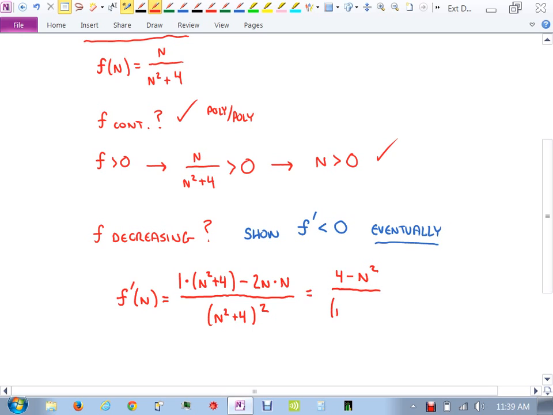Over n squared plus 4 squared. What's my question again? Is this negative? Yes or no? Is that negative or not? Convince me it's negative. Why?